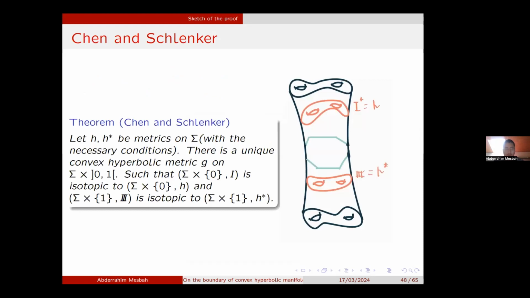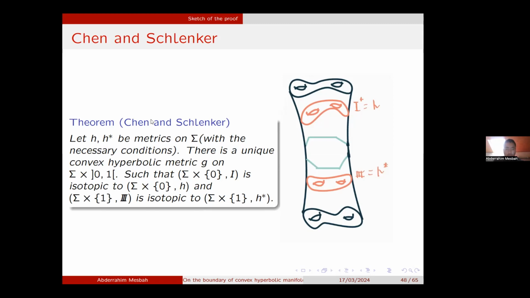We still have to give another statement. This is a theorem by Chen and Schlenker. In here they have shown that if you take H and H star to be metrics, H satisfying the condition of a first fundamental form, that is the curvature is bigger than -1, and H star satisfying the condition of a third fundamental form, that is it has curvature smaller than 1, strictly smaller than 1, and each contractible closed geodesic has length bigger than 2 pi.